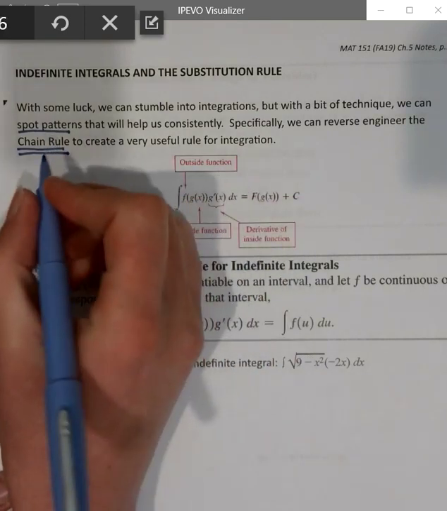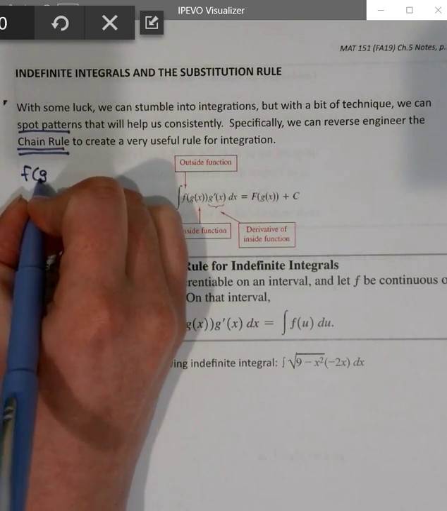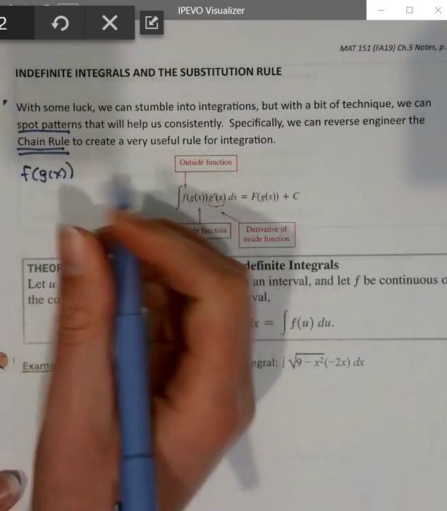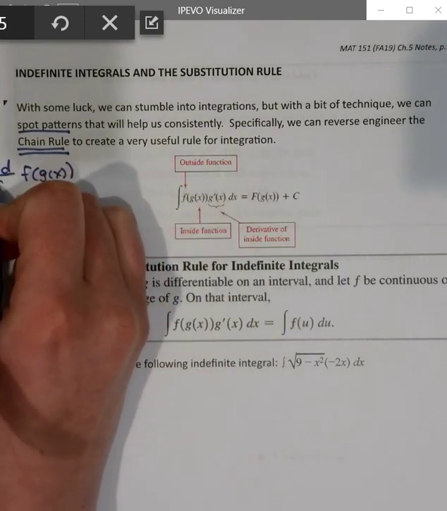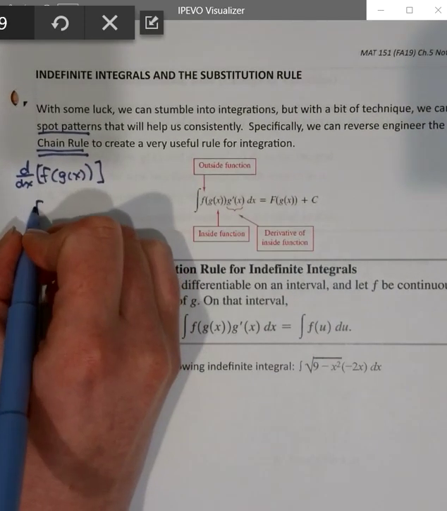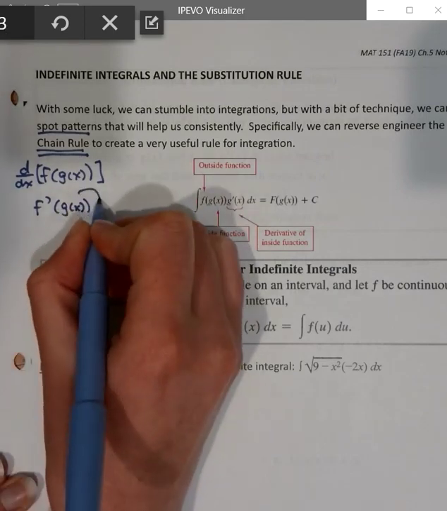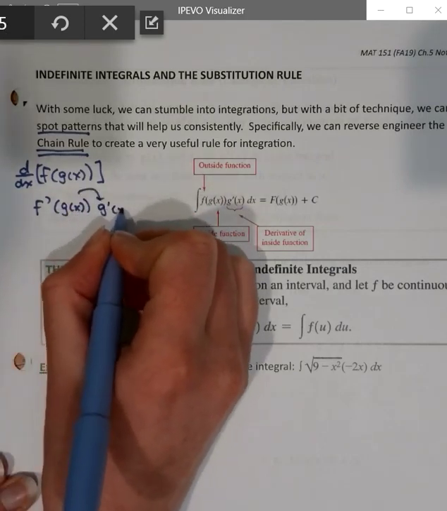So if you took a function that was, say, f of g of x, and you found its derivative, we know that its derivative would be f prime of g of x times g prime of x.